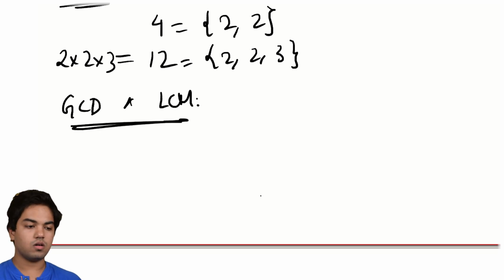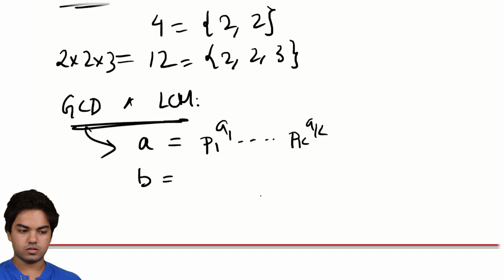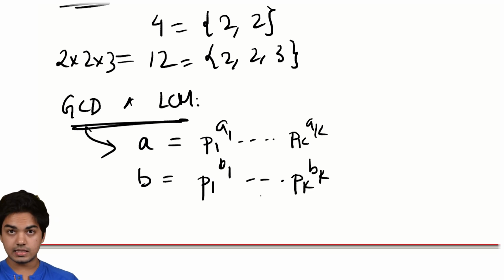If I think of what the GCD is, so if I have a number A, which is some P1 to the A1 all the way up to Pk to the Ak, and a number B, which is, so I'm going to make a jump here and I'll justify it in a bit, P1 to the B1 all the way up to Pk to the Bk, where these Pi are the same primes.